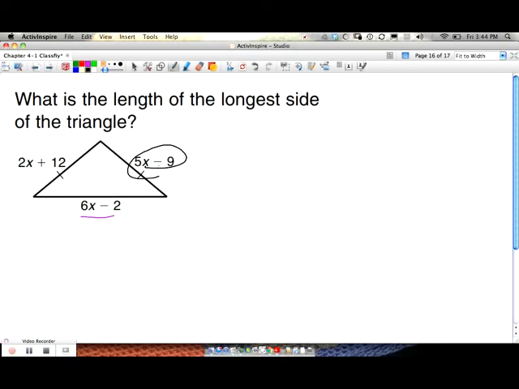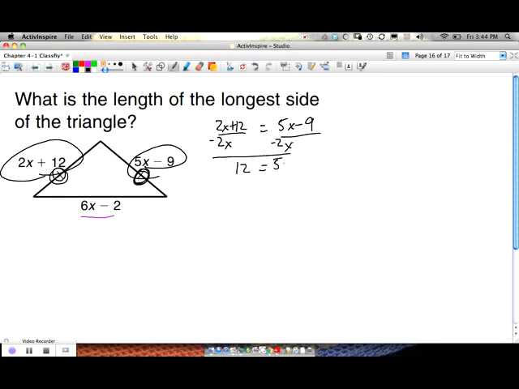So now I solve. I subtract 2x from both sides, and I got 12 equals 5x minus 9... I'm going to add 9 to both sides. Then I get 21 equals 5x. Whoa, not 5x, 3x. Divide by 3, divide by 3. 7 equals x.